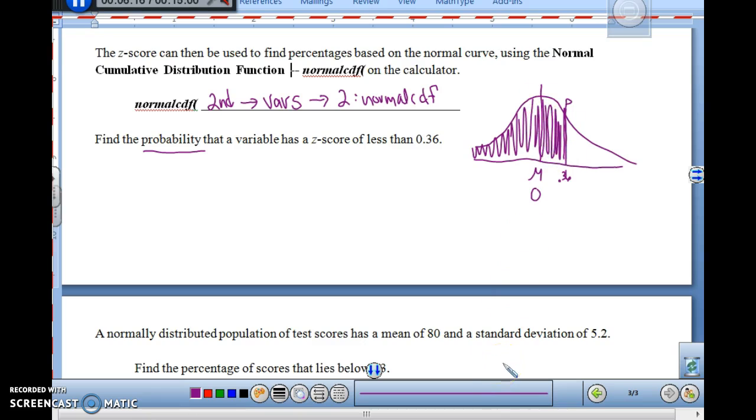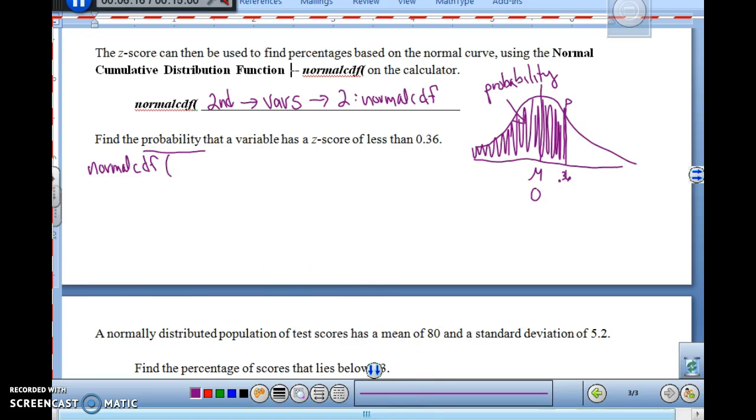So I'm looking for the area of this here, and that area is the probability. When you do normal CDF, you have to write down what you are putting in your calculator so the person grading it knows what you did.